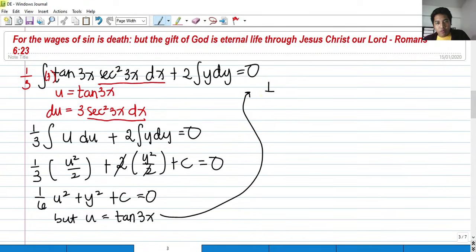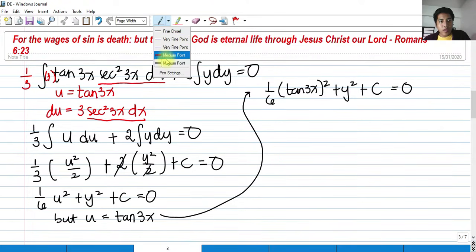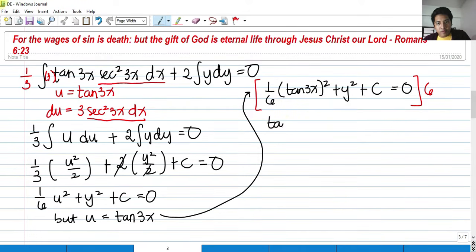So we have 1/6 tangent of 3x squared plus y squared plus c is equal to 0. If I multiply all of this by 6 to eliminate the denominator, we have tangent of 3x squared plus 6y squared plus c is equal to 0.